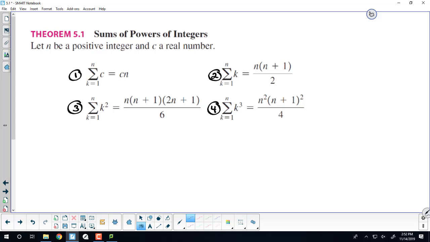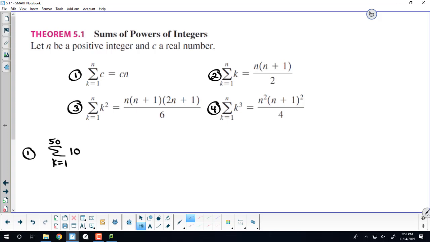So the first one says that if you sum up from k equals 1 to n of a constant, then that's simply just the constant times your stopping point, wherever you stop at. So for example, if I had the sum from k equals 1 to 50 of, let's say, 10, that means sum up 10.